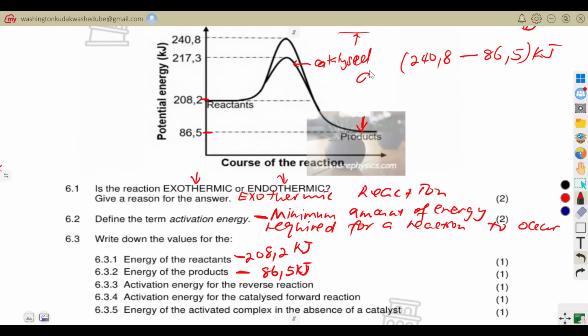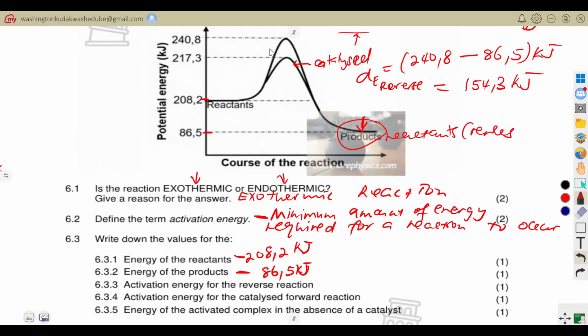That is the activation energy of the reverse reaction. You were just supposed to find the difference there. If you punch in your calculators, you were supposed to get 154.3 kilojoules.